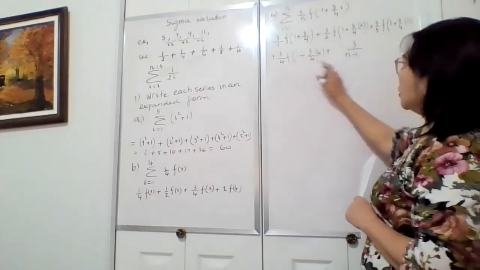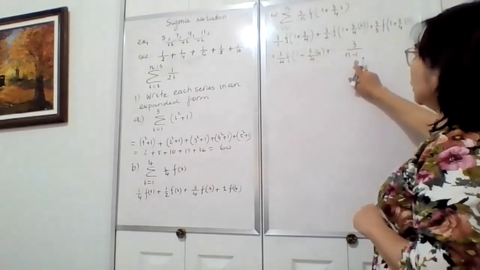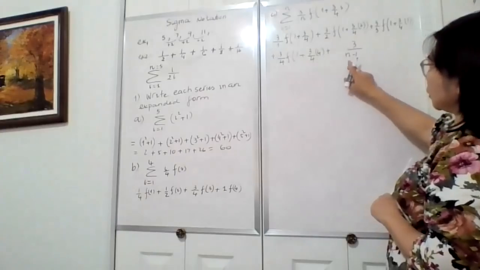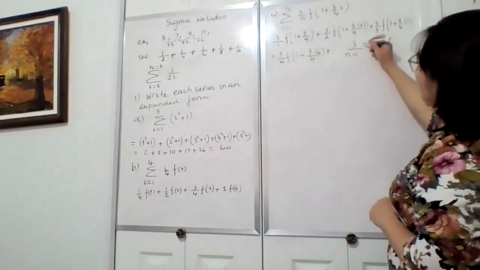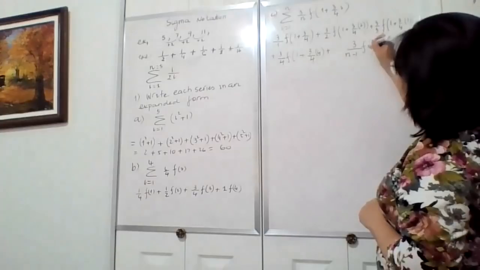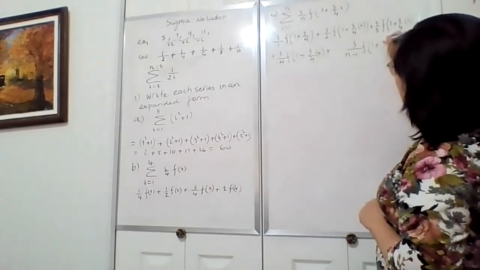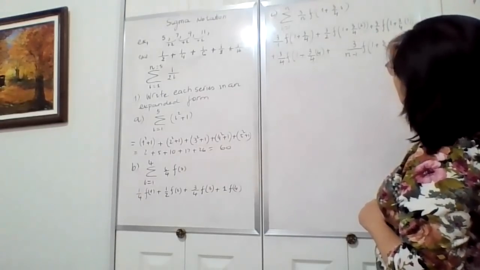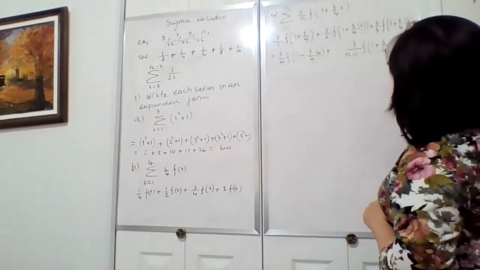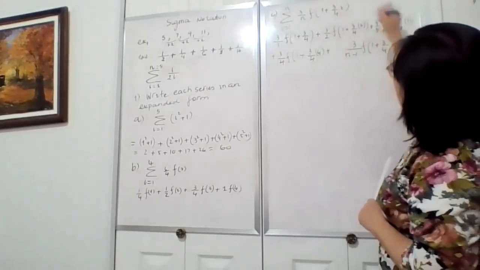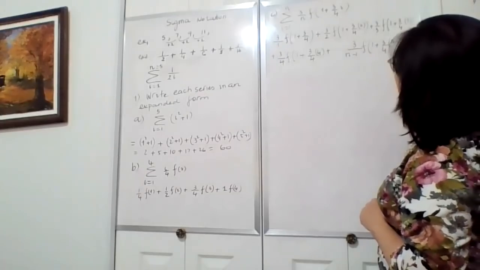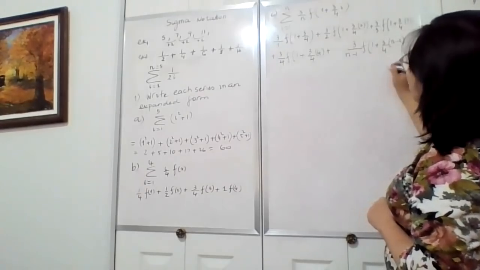Let's say the term before the last term, right? So the last term is n, the previous term is 3 over n, f of 1 plus 3 over n times, and the i here will be represented by n minus 1 as well, right?